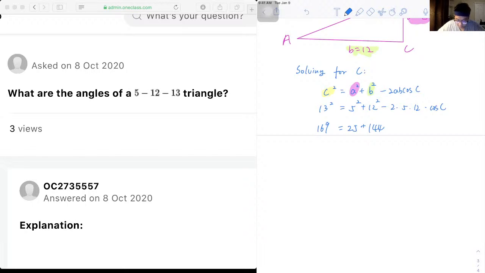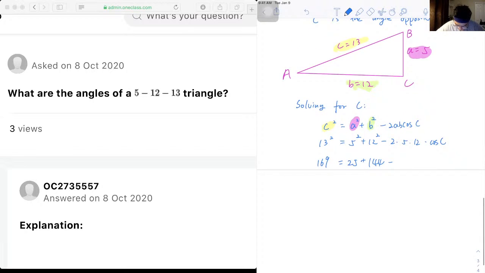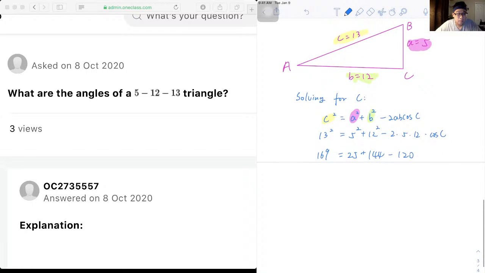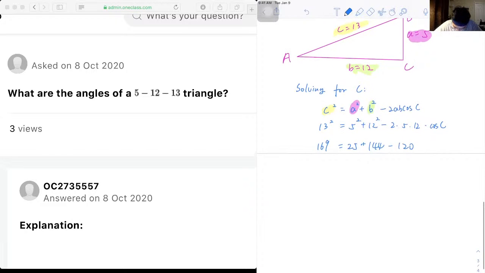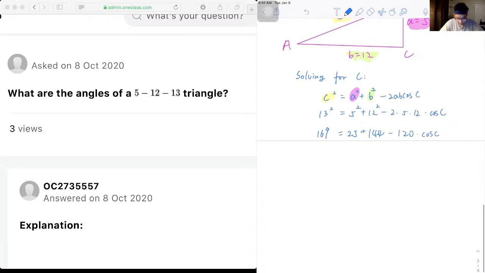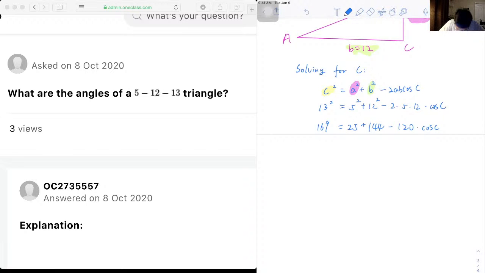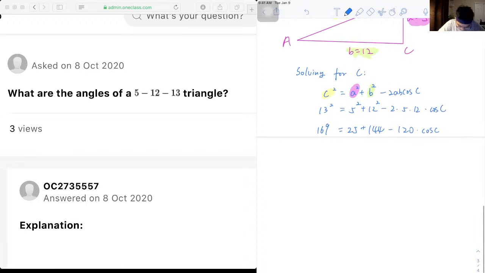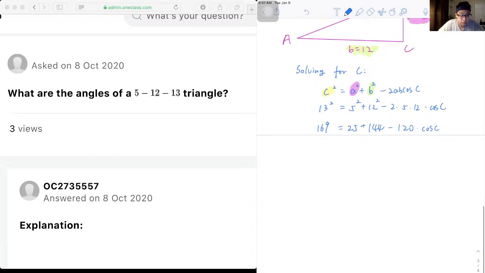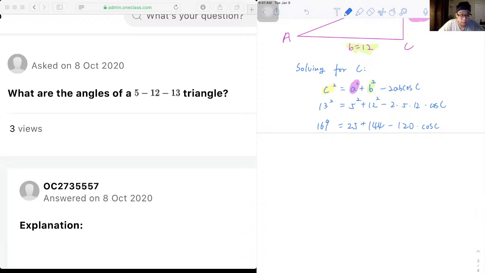And then 2 times 5 times 12 is equal to 120, times cosine C. And then let's just keep doing the calculation.